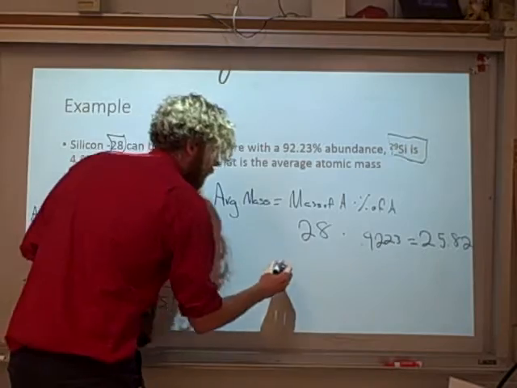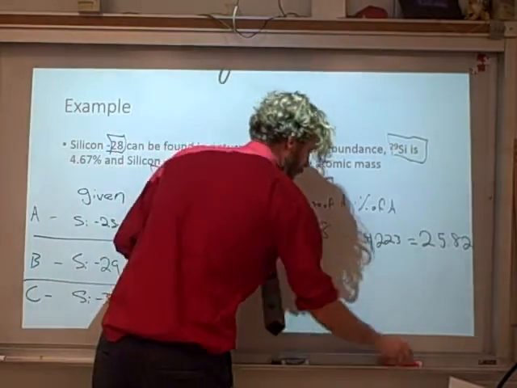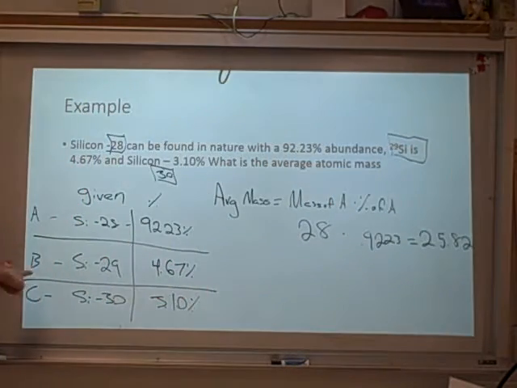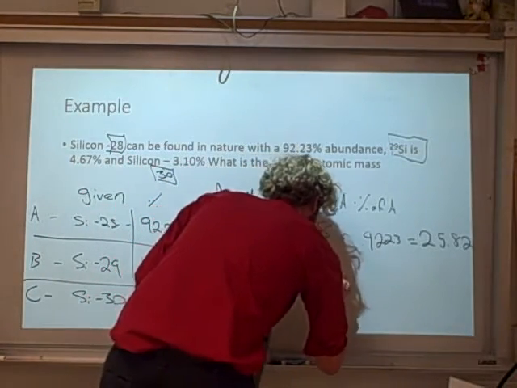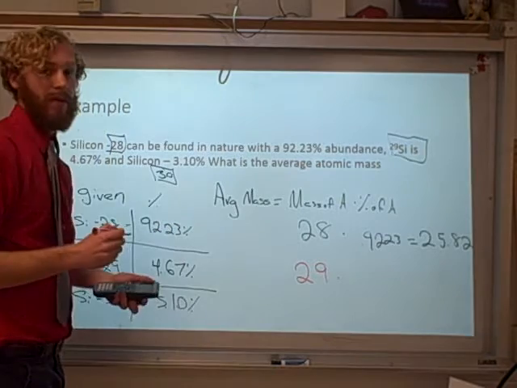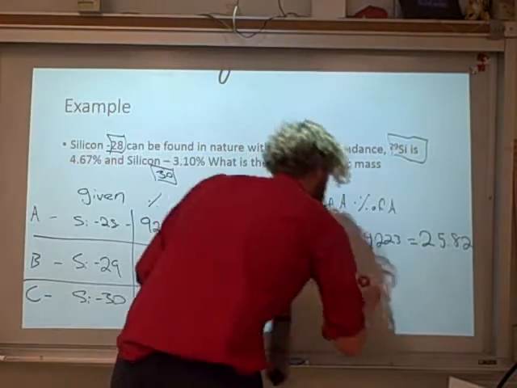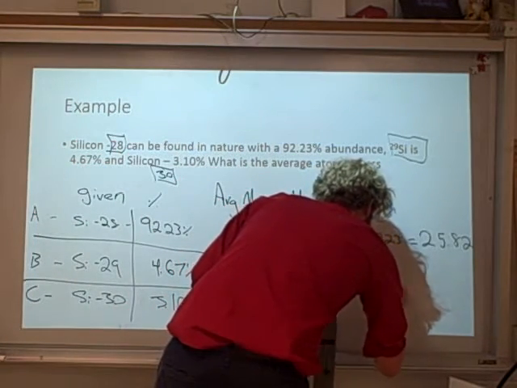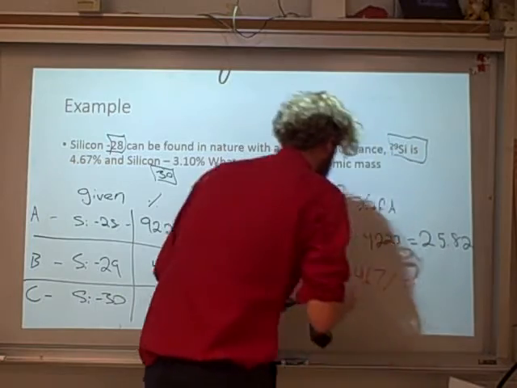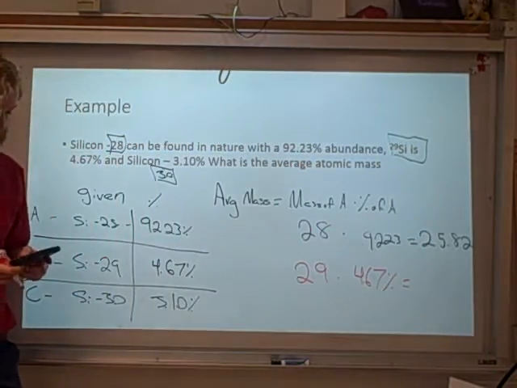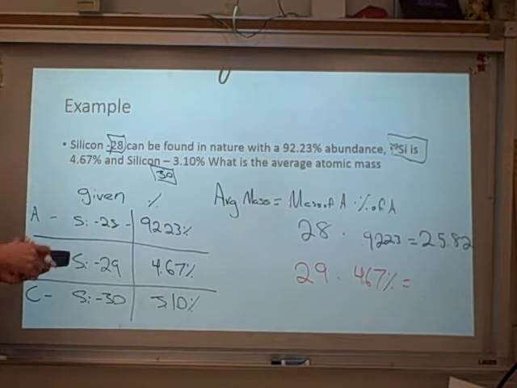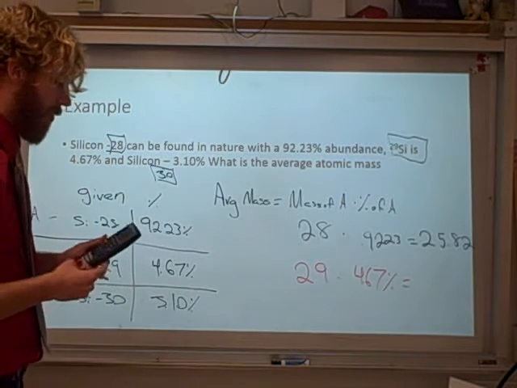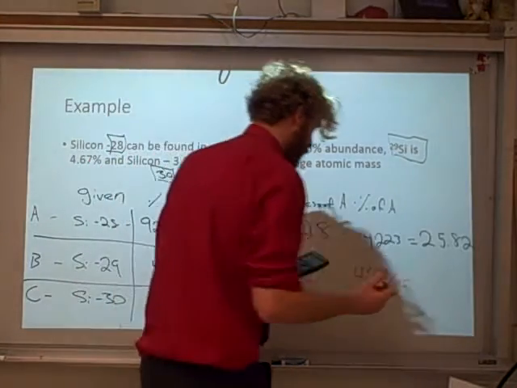So now we've got to do B. We've got to look at isotope B. Isotope B, the mass is 29, and the percentage is 4.67%. So we do 29 times 0.0467. Remember, percentage, we divide it by 100. And that is 1.35.